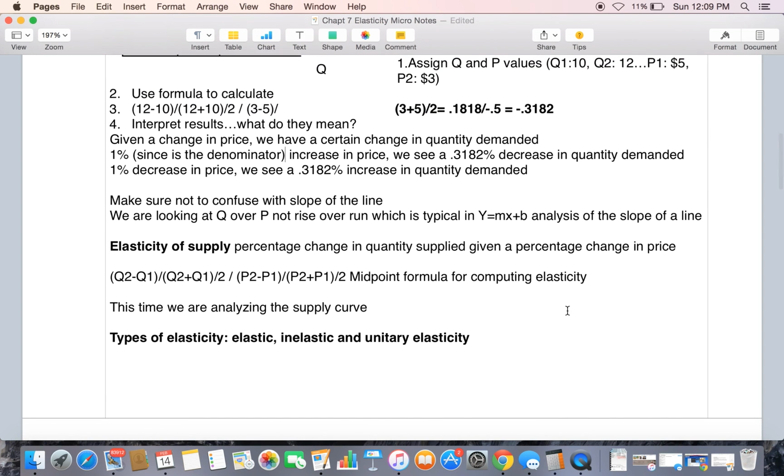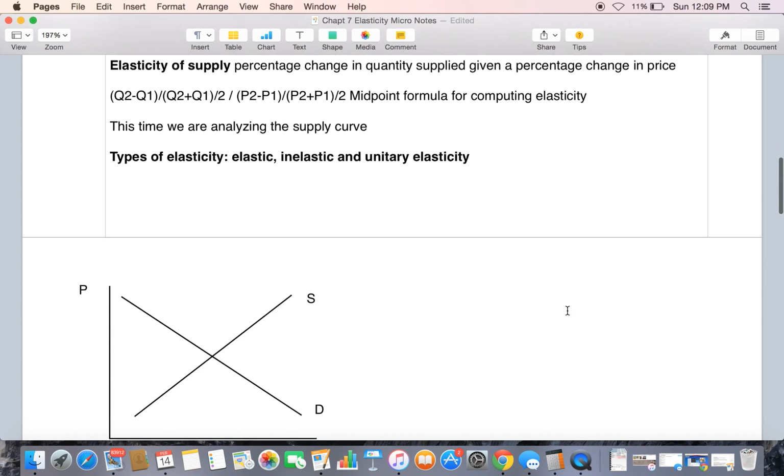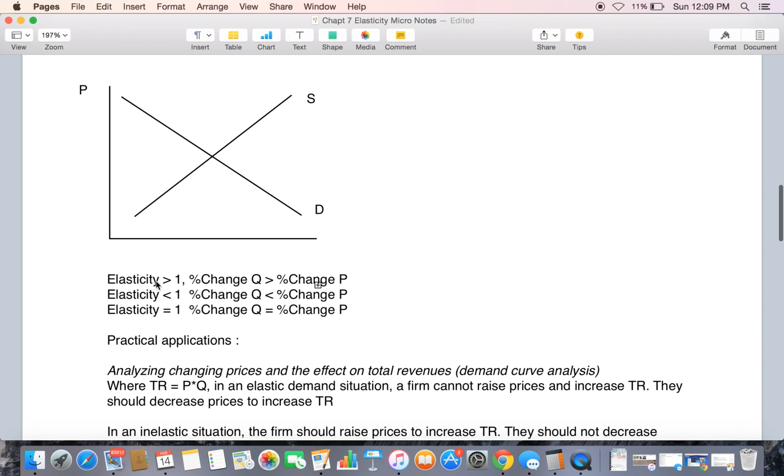Now, is this very elastic, inelastic, very inelastic, or unitary elasticity? If our elasticity coefficient is greater than 1, that means that there is a percentage change in quantity demanded that is greater than the percentage change in price.